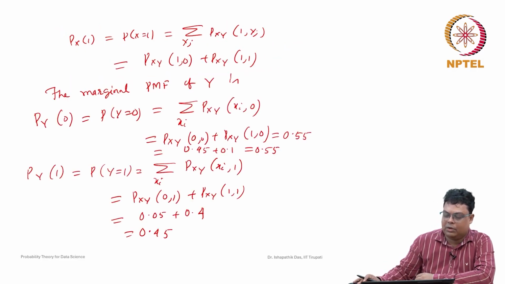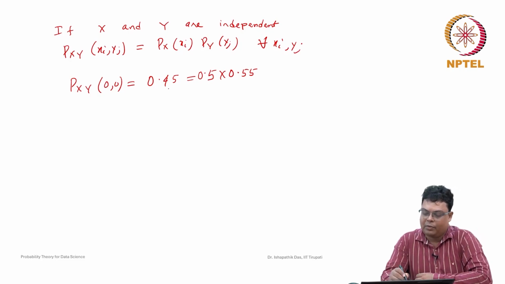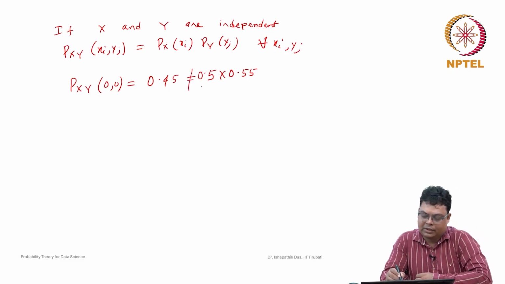So it is very clear that if you multiply it, you can see that this is not equal to 0.45. So hence this is not equal to px(0) into py(0).